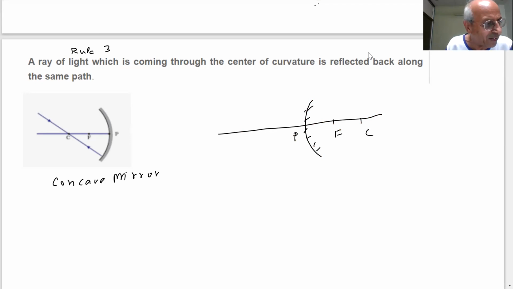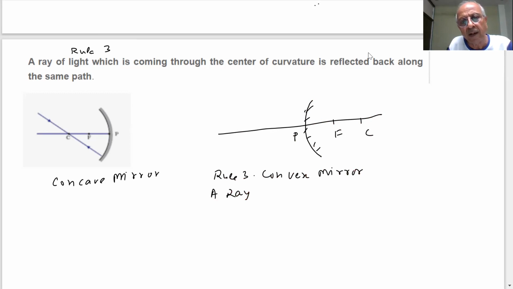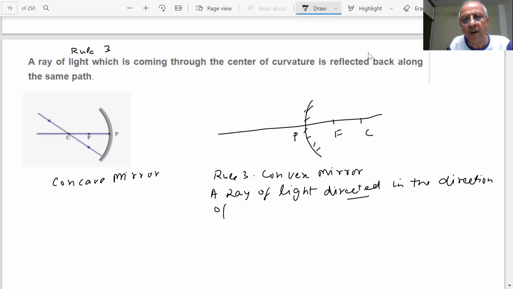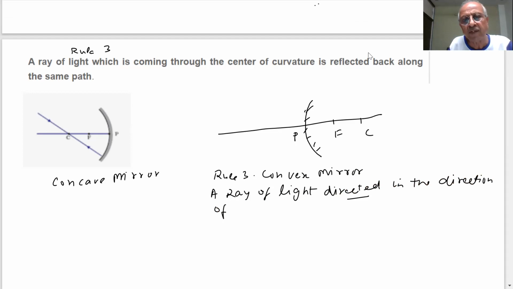Now what happens in this case, student? A ray of light which is directed in the direction of center of curvature. That is rule 3 for convex mirror. Note down, students. A ray of light directed in the direction of center of curvature.